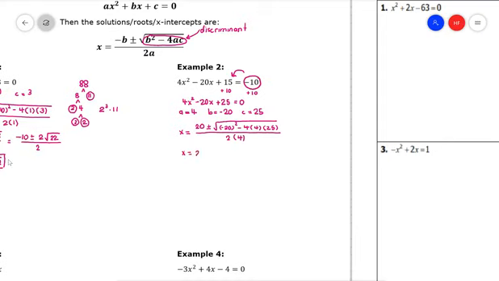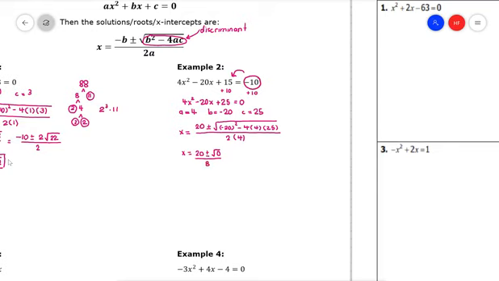So then we have 20 plus or minus, and you can put everything underneath the radical in the calculator, just as it is. So negative 20 squared minus 4 parentheses 4 parentheses 25, and I get 0. And then on bottom there we have 2 times 4, which is 8.